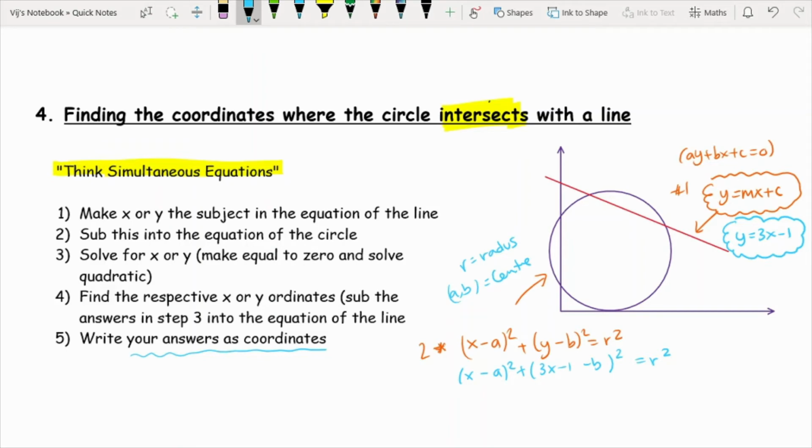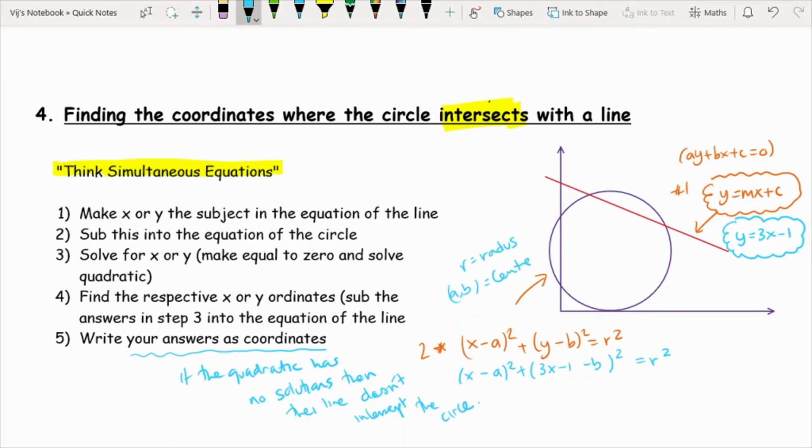So at this stage, when we are solving the quadratic equation, if the quadratic has no solutions, then the line does not intercept the circle.